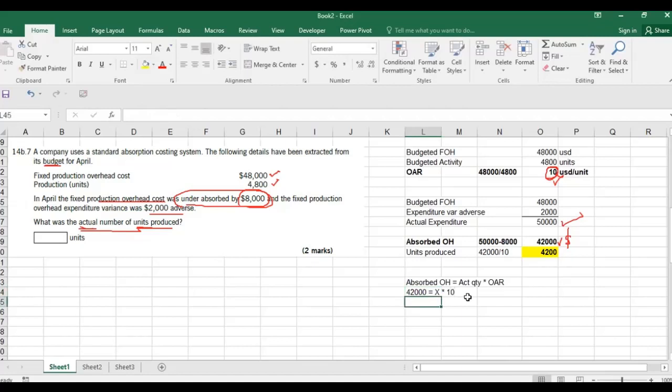And that's how you can say that X is equal to 42,000 divided by 10, which means that X is equal to 4,200. So that's pretty simple, just a little bit of mathematics. But this question is not from sales variance. Unfortunately, they put it in the sales variance section, but that's typically not a sales variance question.